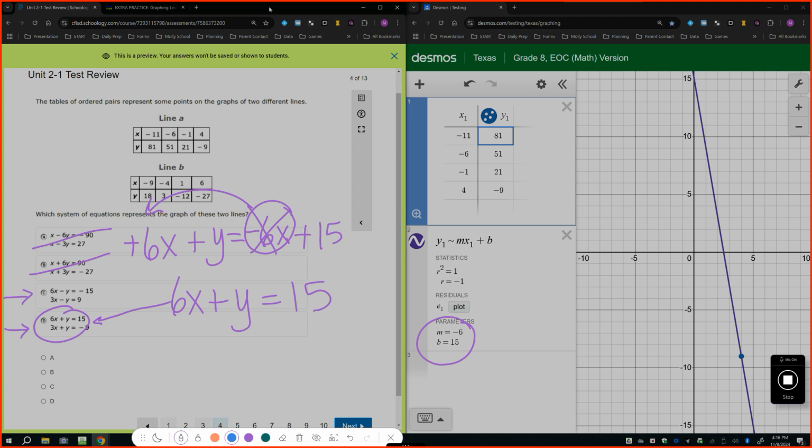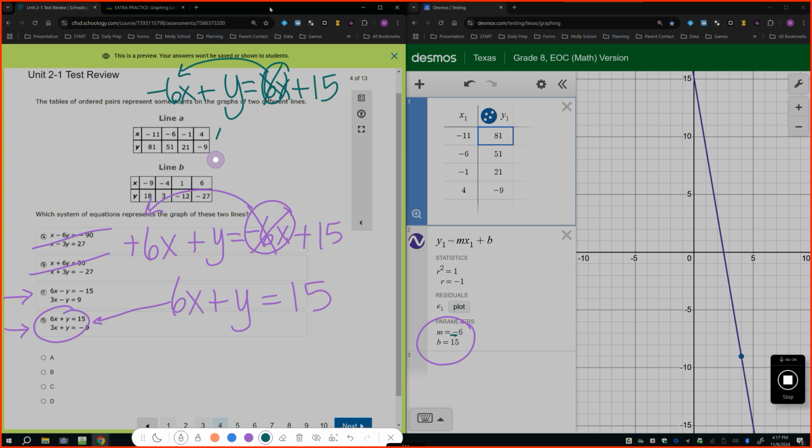Now, I want to point something out to you. In one of my classes today, I made a mistake. I didn't pay attention, and I said y equals 6x plus 15, because I didn't pay attention to this negative here. When I did that, I did the same process. I got negative 6x plus y, and I was like, oh, these are all positive 6x.